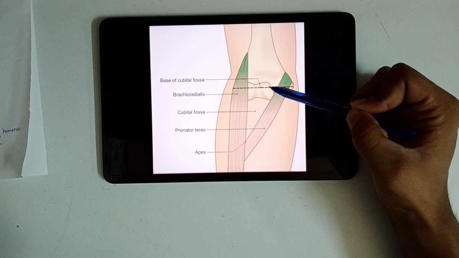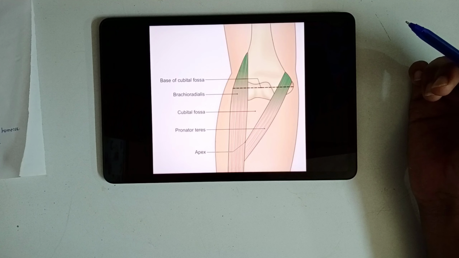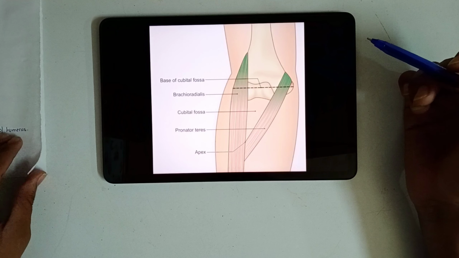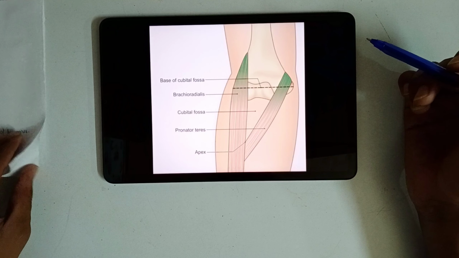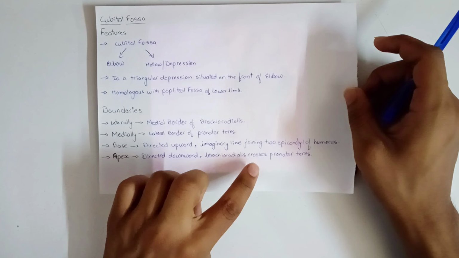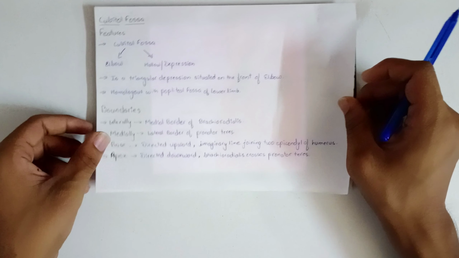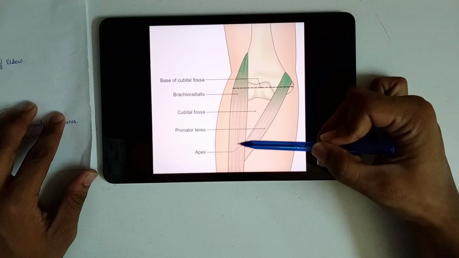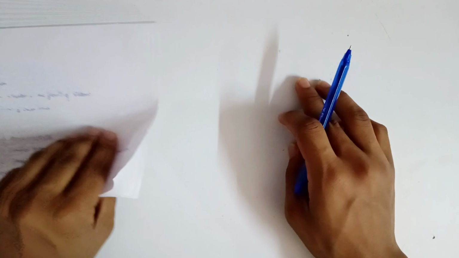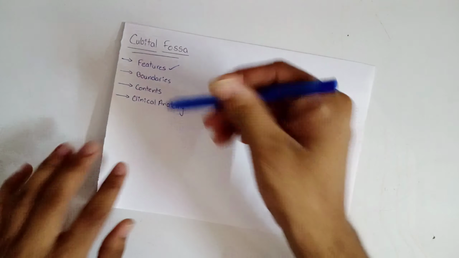I think it is a bit simple and clear to you. Now, apex. Apex directed downwards, brachioradialis crosses pronator teres. This is the brachioradialis muscle. When it crosses the pronator teres, it forms the apex here. So apex is directed downwards and base is directed upwards. I think it is clear to you, nothing difficult to understand here. We are done with boundaries.